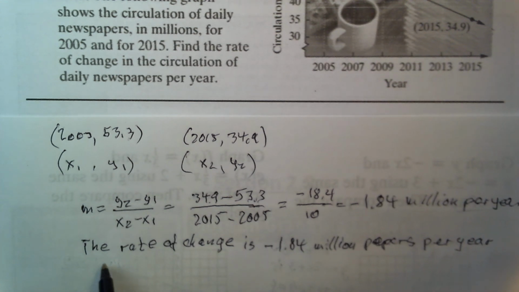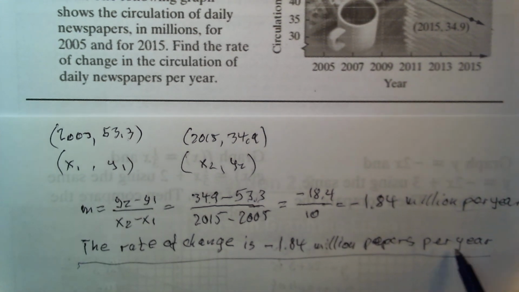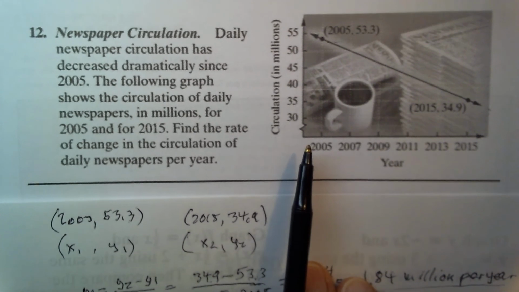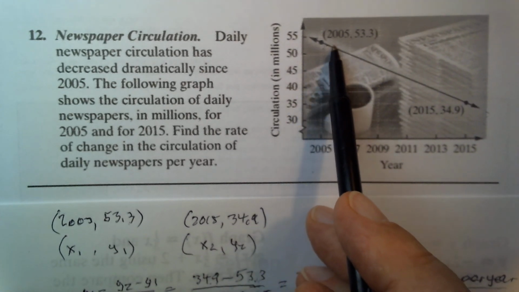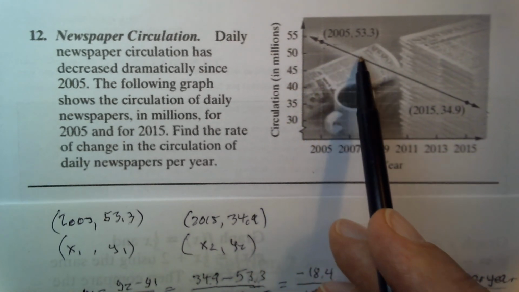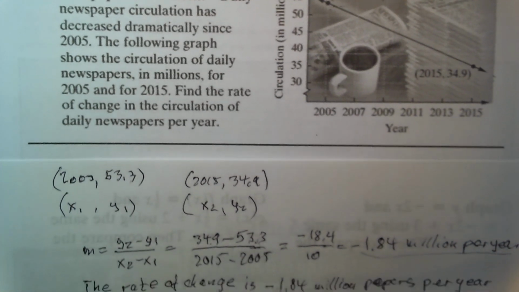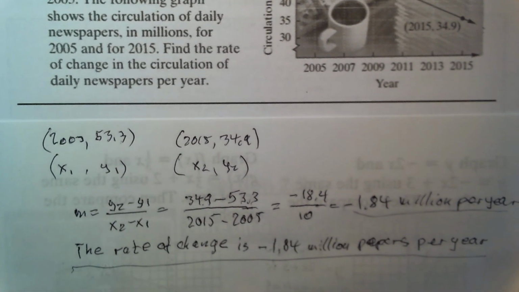What this last statement says, and of course also this one here just abbreviated, is that every year for the last 10 years, newspaper circulation has decreased by an average of 1.84 million papers per year. So every year that's how much circulation they've lost.